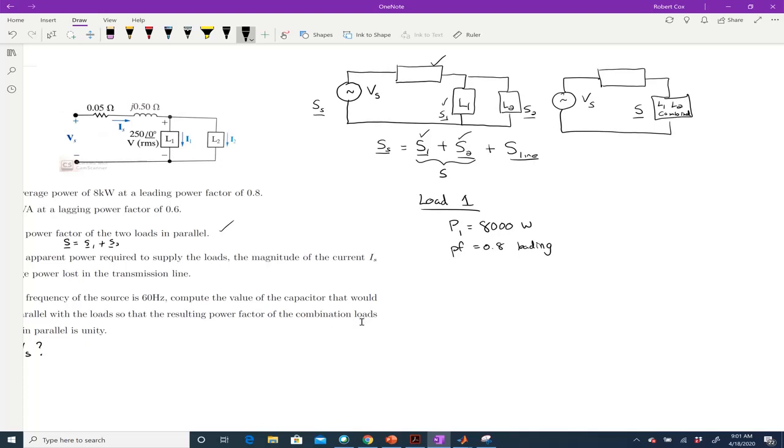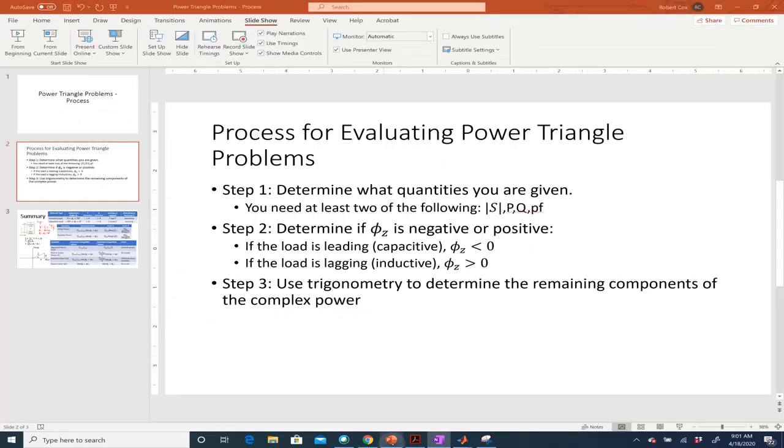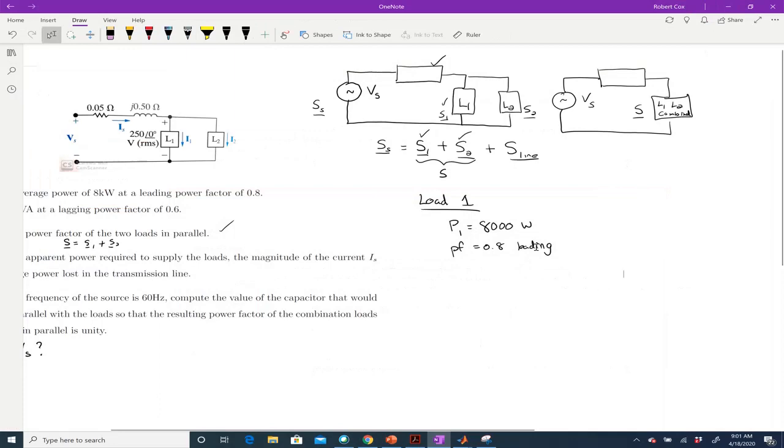Now the question is, my second step is to determine whether phi z is negative or positive. Looking back to my steps, if the load is leading, then I'm capacitive and my angle is negative. So because I have a leading load, my angle is negative.